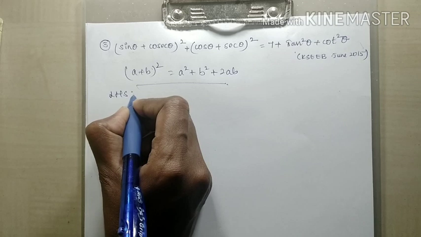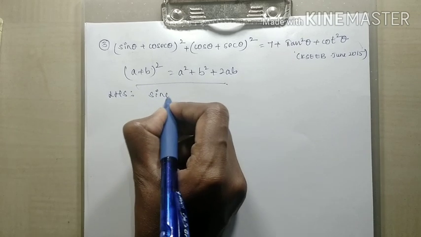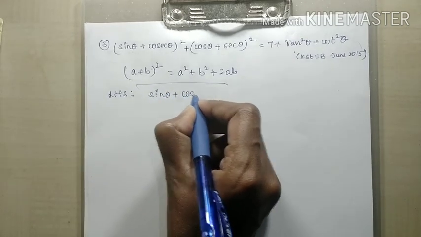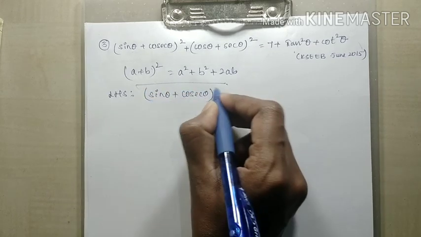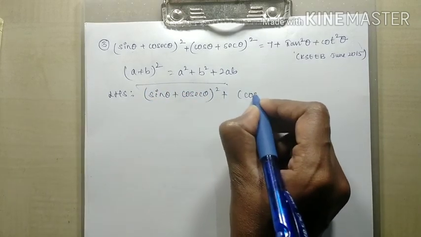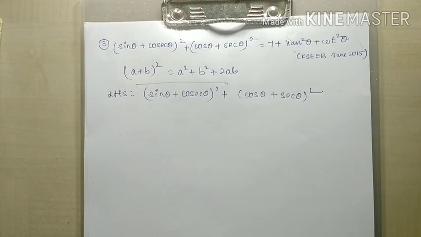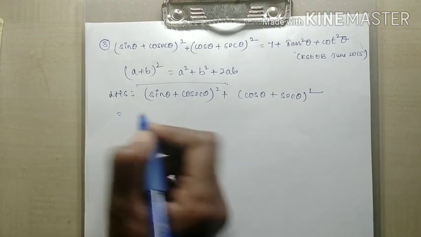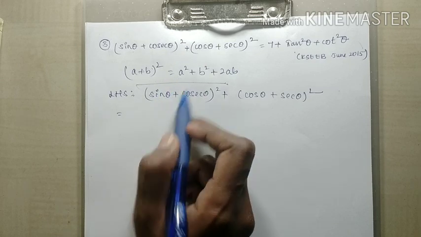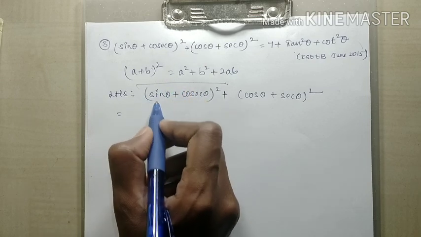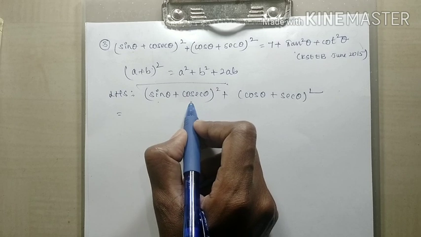So what is given in the LHS part? That is sin theta plus cosecant theta the whole square plus cos theta plus secant theta the whole square. So we'll use a plus b whole square for this. So a is sin theta and b is cosecant theta.